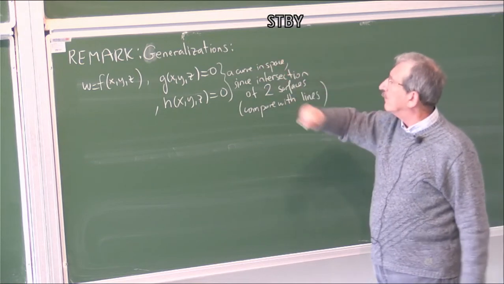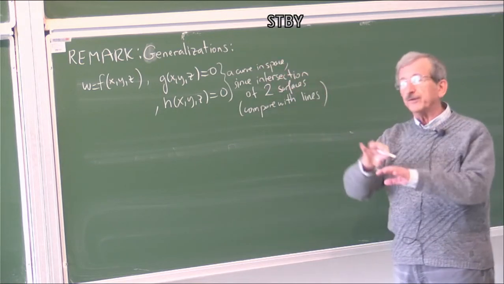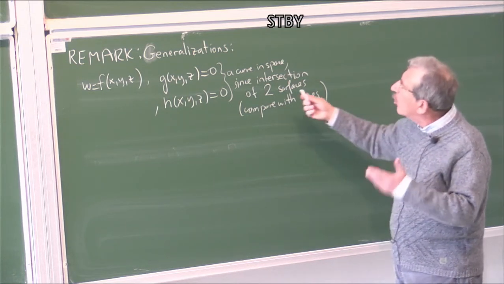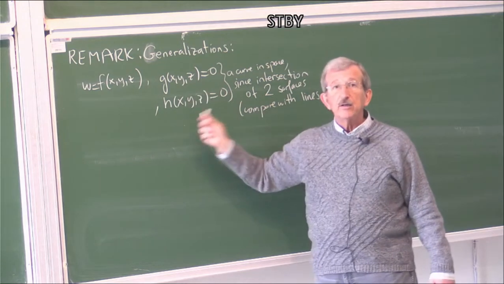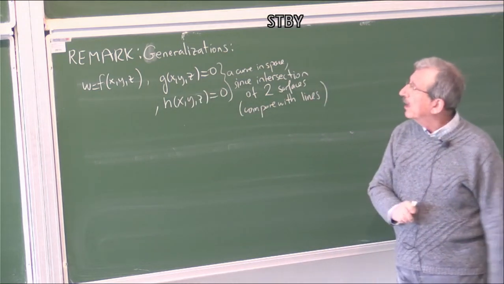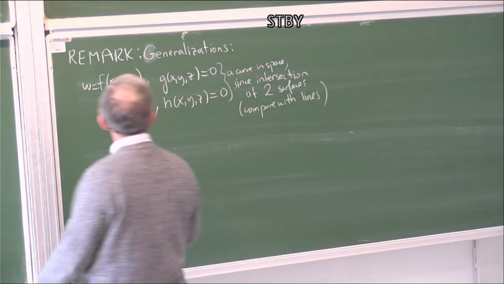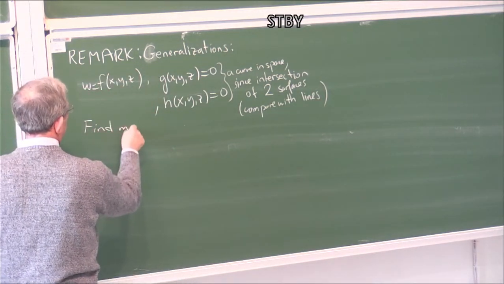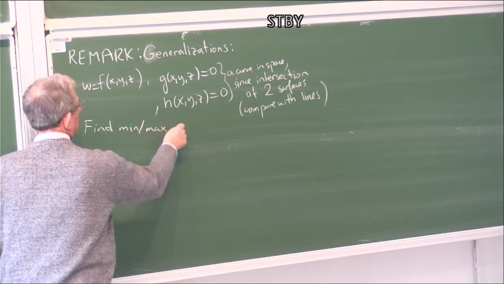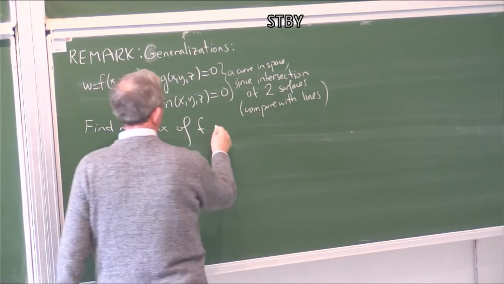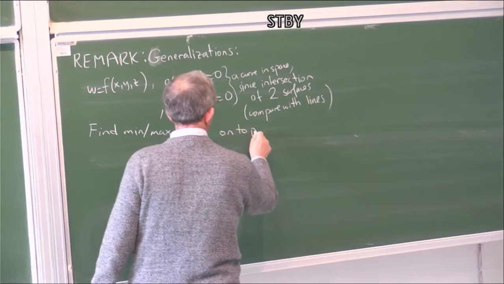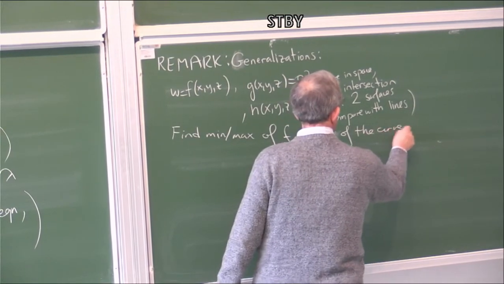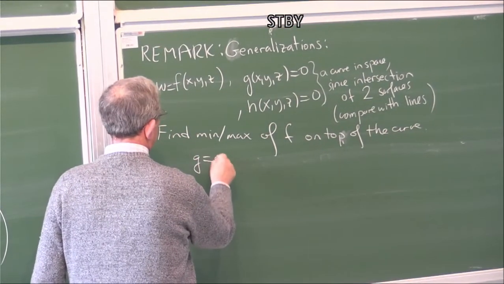A general curve in space is the intersection of two surfaces, so the equation of a curve in space is given by two equations. So the question is: find the minimum or maximum of f on the curve, g is 0, h is 0.